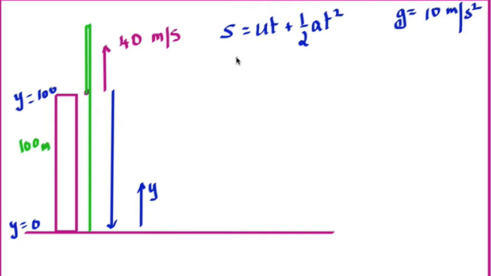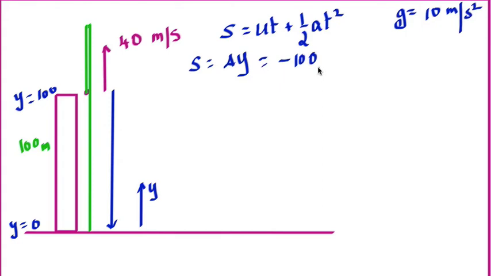So what is s? s is the displacement. The displacement s is nothing but the change in the position, in this case the change in the y coordinate. The y coordinate goes from 100 to 0, so the change is negative 100. Another way of looking at it is the displacement points in the negative y direction.